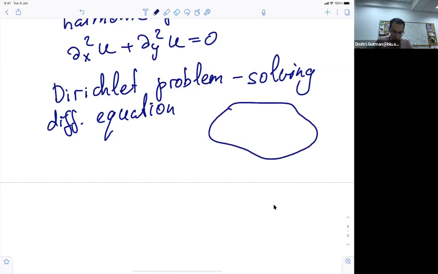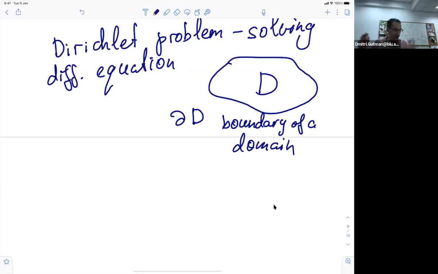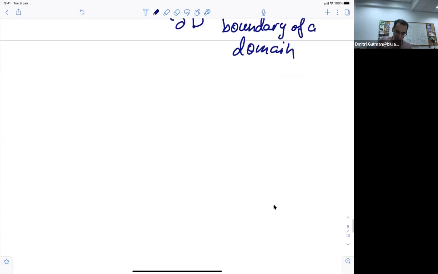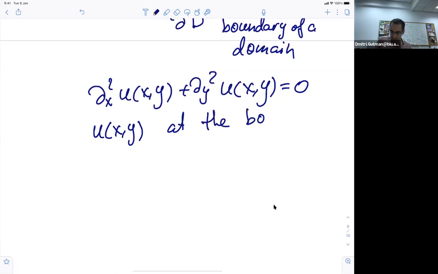with a boundary condition. So if we have a domain D, and this domain has a boundary delta D, that's the boundary of the domain, then we are given an equation and we are given a boundary condition on this boundary. So for the harmonic function, it means that we have the equation d squared by dx squared plus d squared by dy squared equal to 0, and we know the function u of x, y at the boundary of a domain.